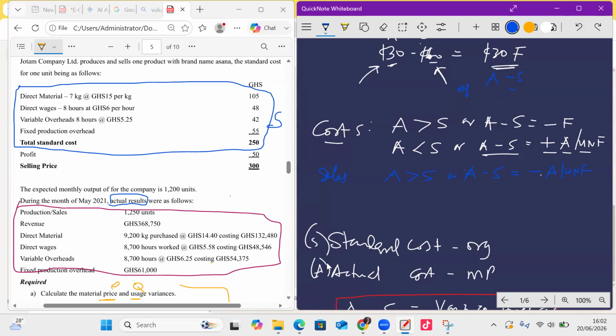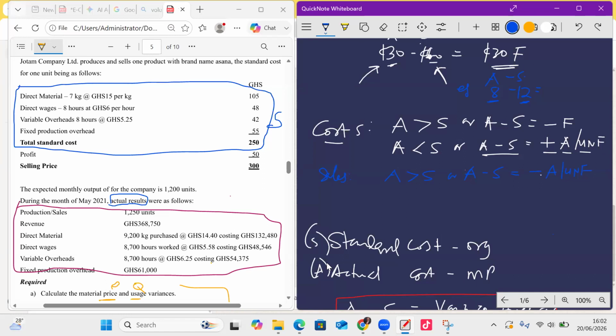We actually estimated it to be 12 cedis. When we went to the market, we sold it for 8 cedis. We estimated the standard selling price for the business at 12 cedis. We went to the market, and when we sold it, we got 8 cedis. Are you good? Has the business gained or lost money?